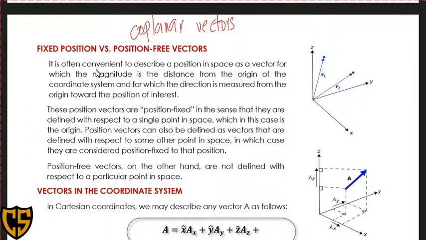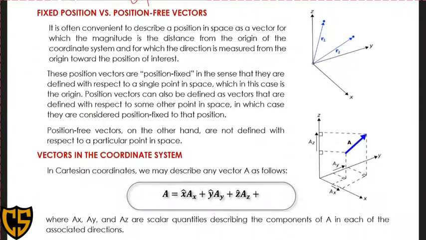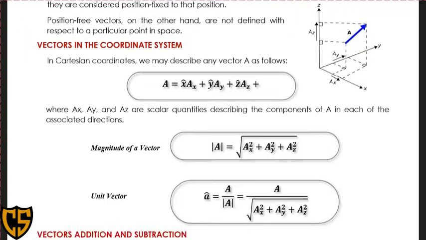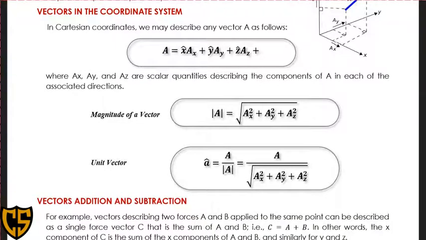So I introduced here in your module fixed position versus position free vectors. By definition, you can just read it, as the definition is self-explanatory. So, vectors in a coordinate system.